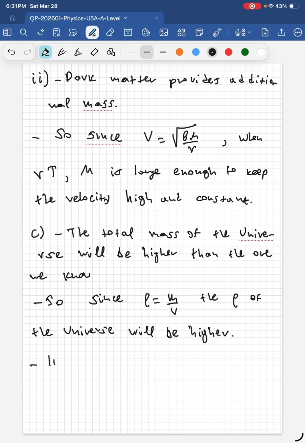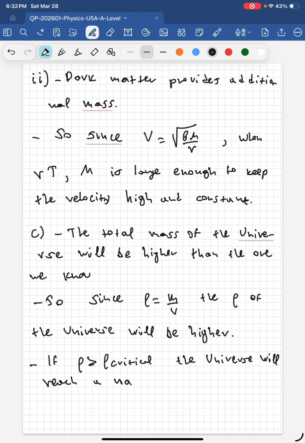Okay, and then if rho is larger than the critical density, the universe will reach a max size and then contract. Okay, and this was Unit 5A.